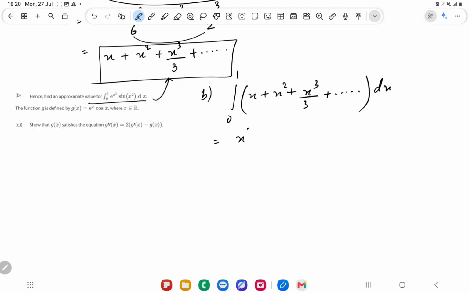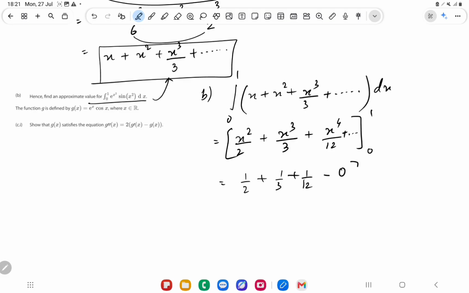When I integrate, I will get x square over 2, plus x cube over 3, plus x to the power 4 over 12, from 0 to 1. Now when I put the limits, I will do upper limit minus lower limit. So I will get 1 over 2 plus 1 over 3 plus 1 over 12 minus 0. So this will give me an answer of 61 over 105. You can check this answer using your GDC also.